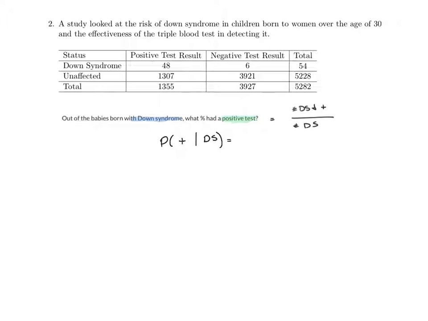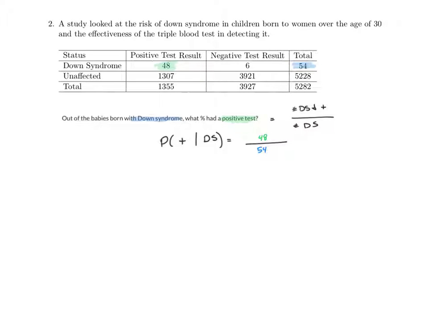Plugging in my numbers here, I notice that the total number born with Down syndrome is going to be 54. So I'll have a 54 on the bottom. And then on the top here, I need the number who have Down syndrome and a positive test. So looking only in that top row, only the kids with Down syndrome, I had 48 with a positive test. So the top number will be 48.